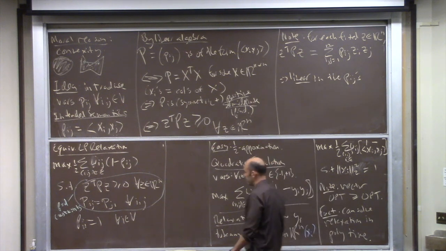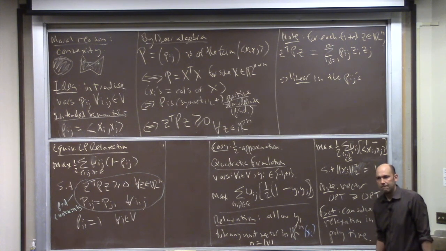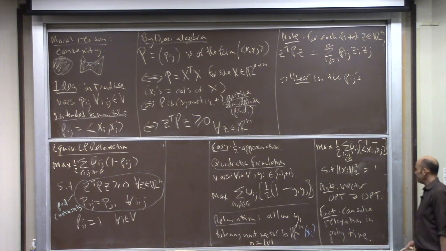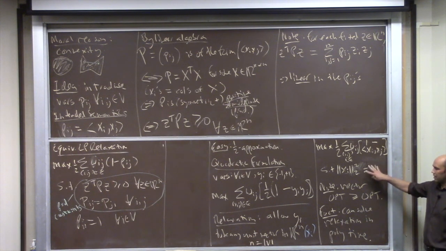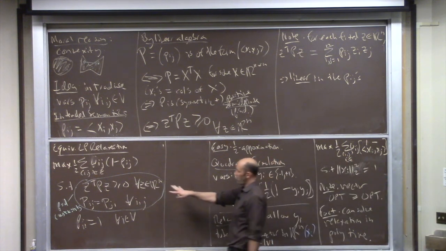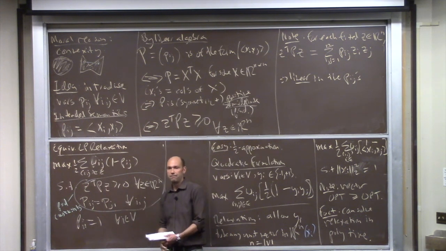And moreover, because of this constraint, those xi's are going to be unit vectors. So any questions about the equivalence of the two relaxations? In effect, this is the one we're going to think about in our approximation algorithm. But this version is important because it demonstrates why you can actually solve this thing in polynomial time.